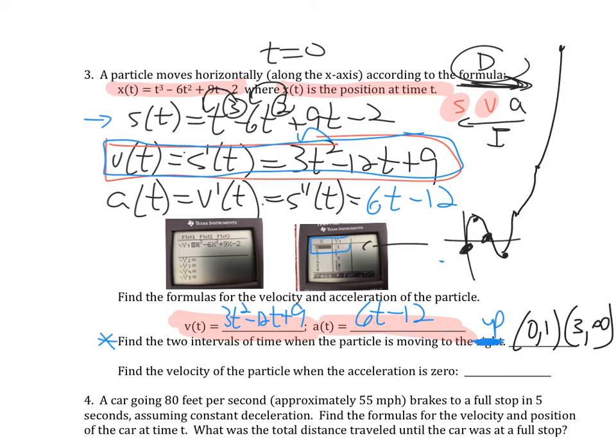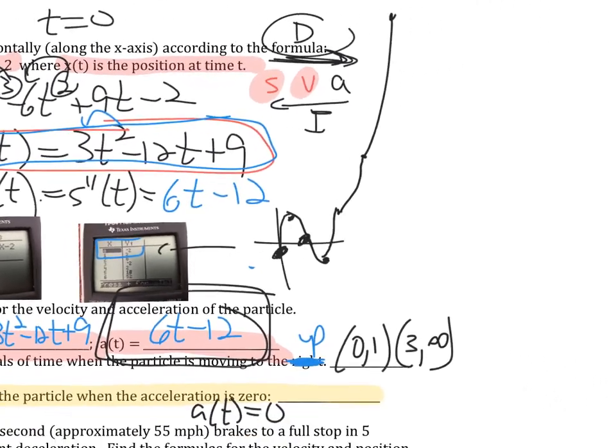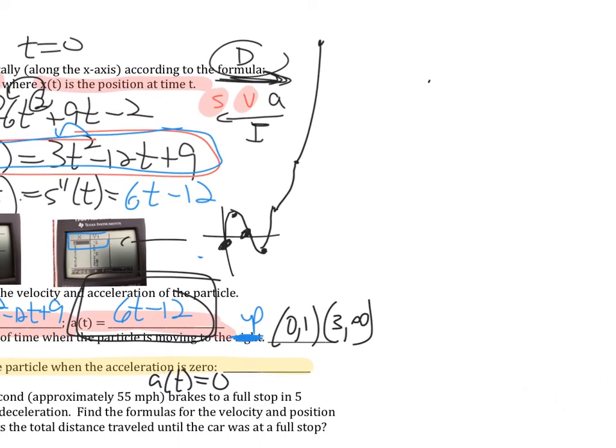Finally, find the velocity when the acceleration is 0. Well, when is the acceleration going to be 0? When is a of t going to be equal to 0? I have the acceleration function as 6t minus 12.